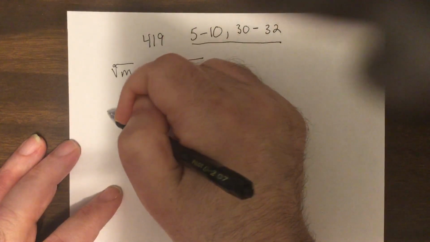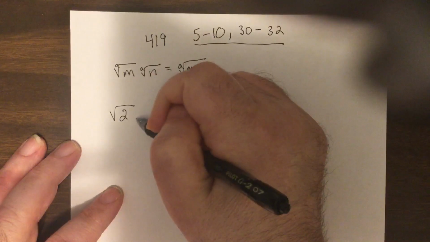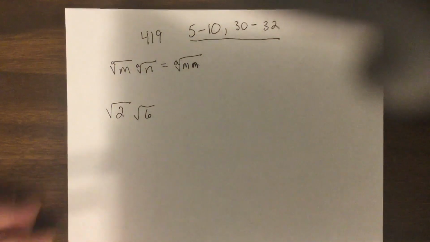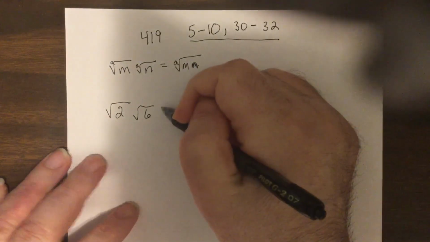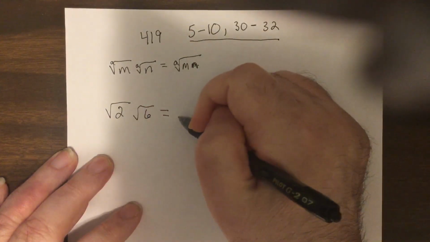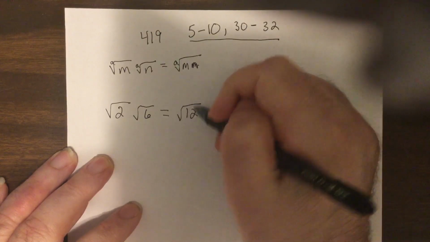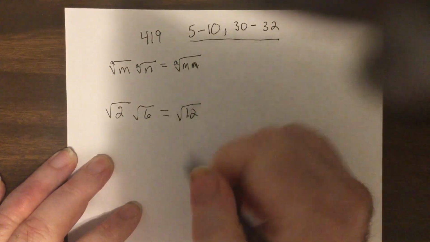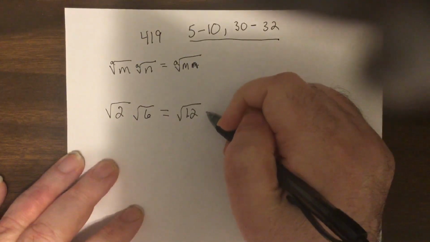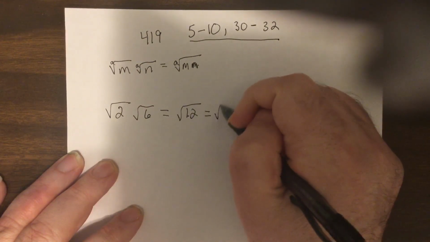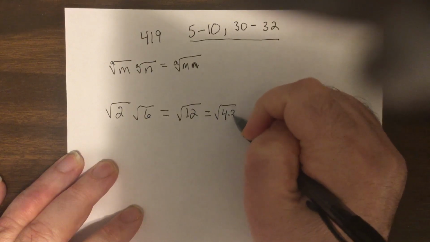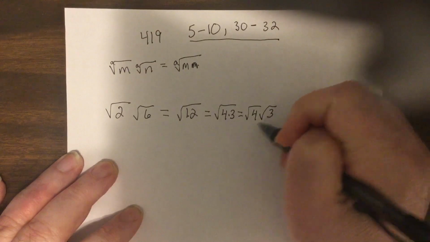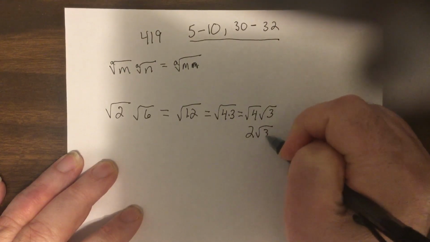Well, what if I have the square root of 2 times the square root of 6? Well, I can actually simplify that to the square root of 12. Now, do I have a perfect square that goes into 12? Well, I do. It would be 4 times 3, which is square root of 4, square root of 3, which is 2 square root of 3.